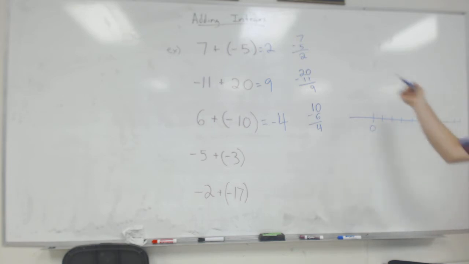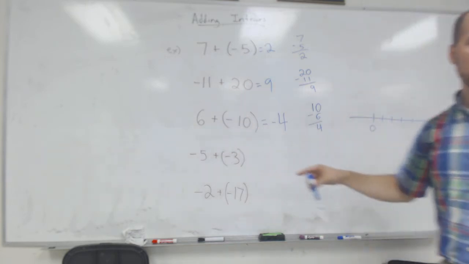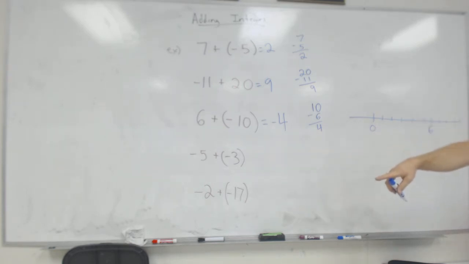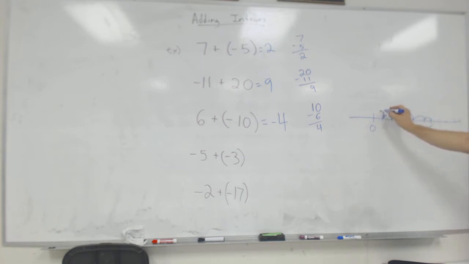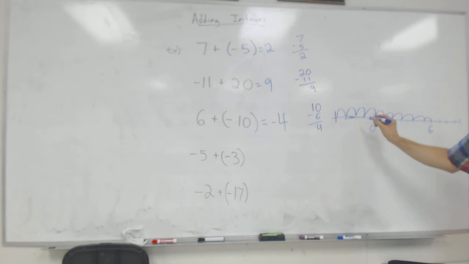And we're going to go down 10, because remember, adding a negative is subtracting. If I'm at 6 and I go down 10, am I going to pass 0? 1, 2, 3, 4, 5, 6, 7, 8, 9, 10. I am totally going to pass 0, so I'm going to be in negative territory.